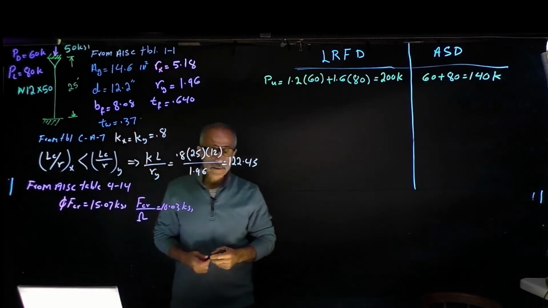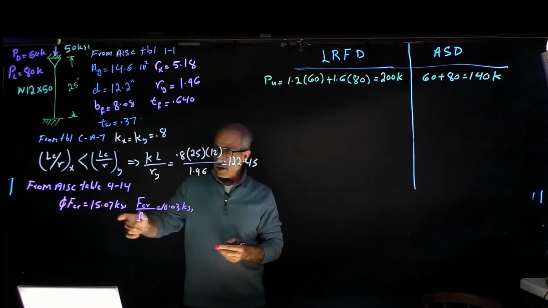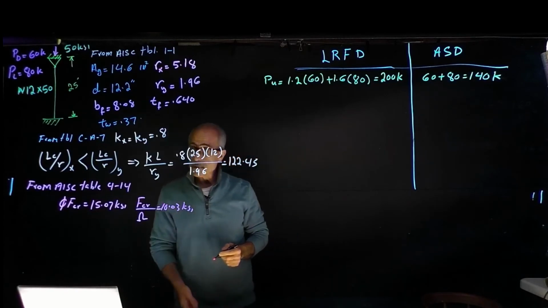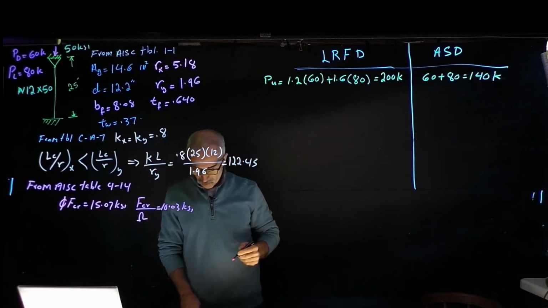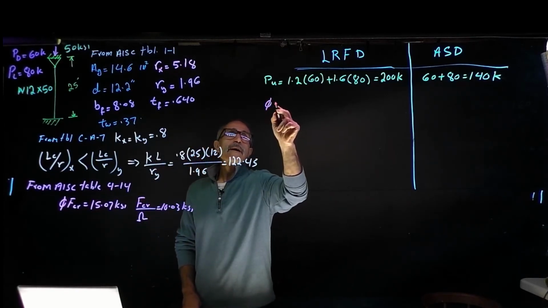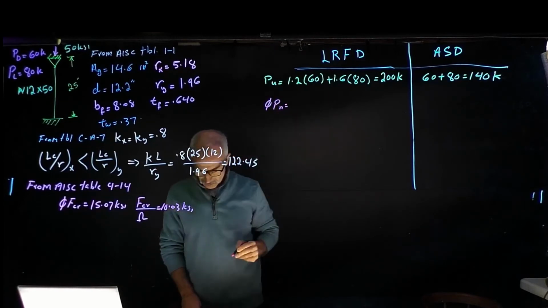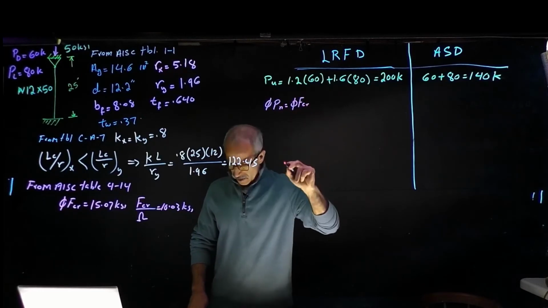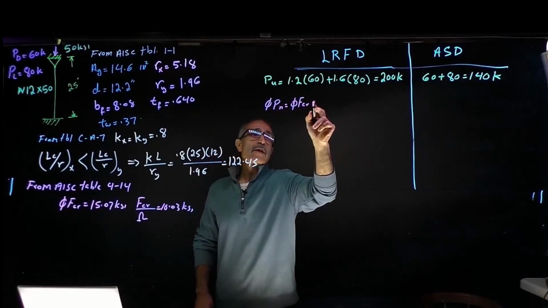So I'm going to come back up here. I'm going to say, okay, now I have these. I'm going to find out the capacity of my column. So I'm going to go phi times Pn, which is equal to phi times FCR multiplied by the gross cross-sectional area.